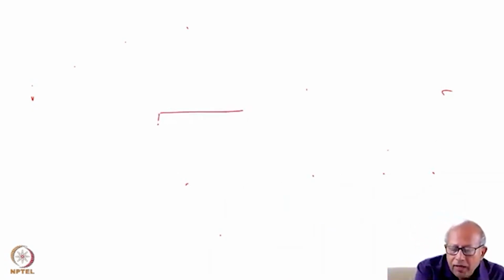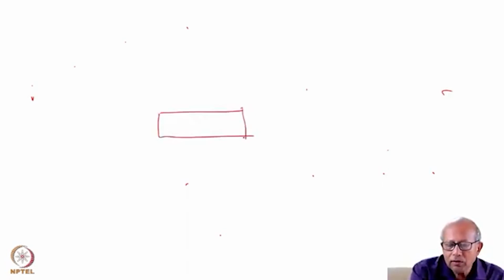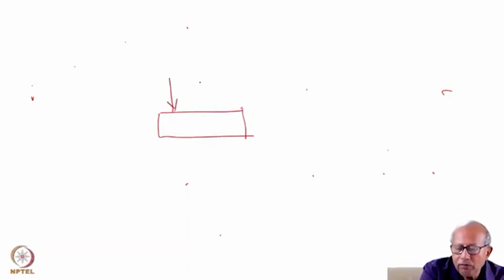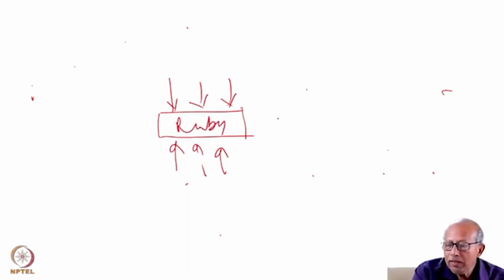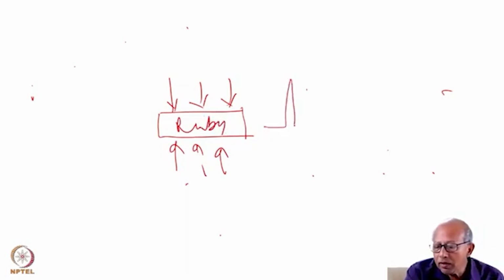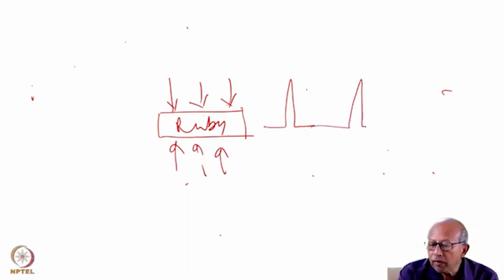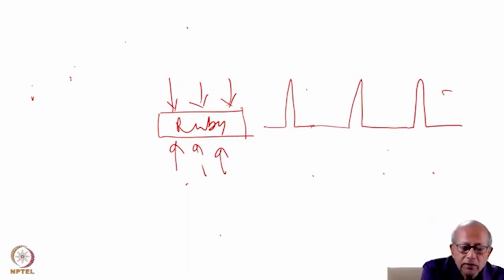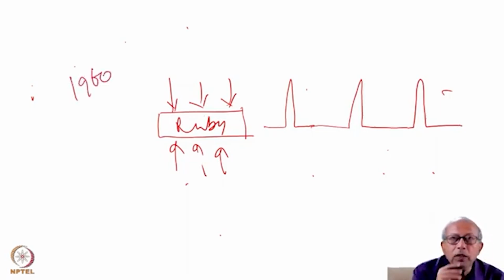Every time the ruby rod was pumped by the flash source of light, it emitted a pulse of light. So this was the first laser, which was a ruby laser.